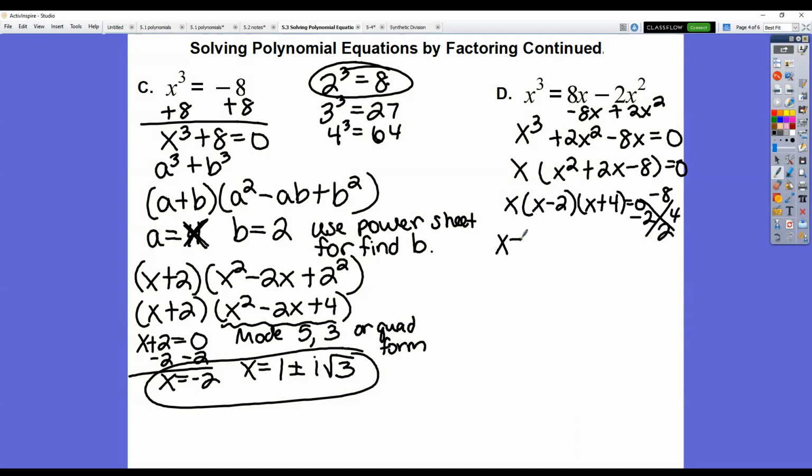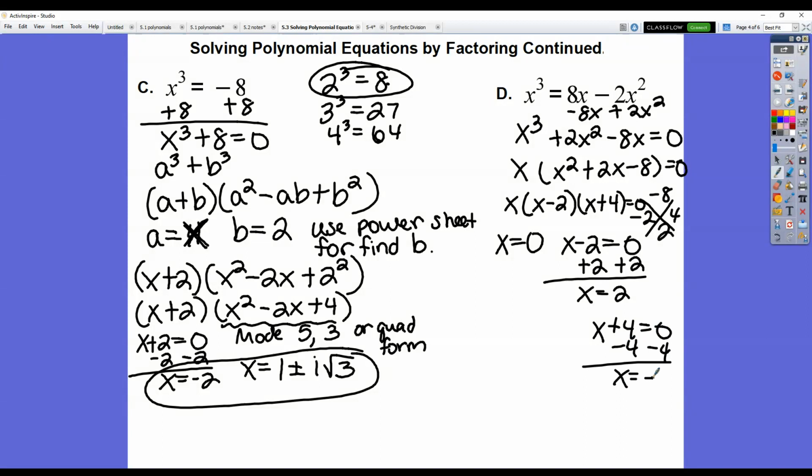So then set all of your factors equal to 0. And there we go.